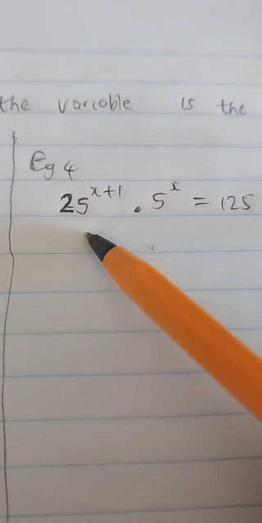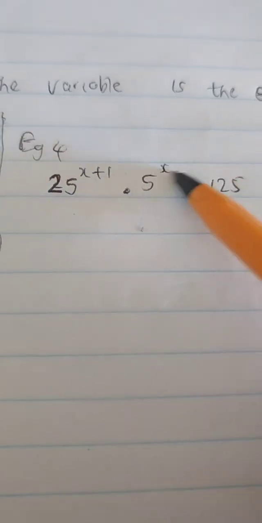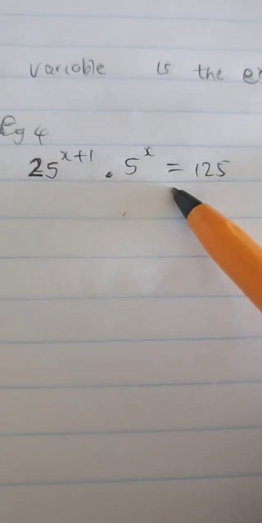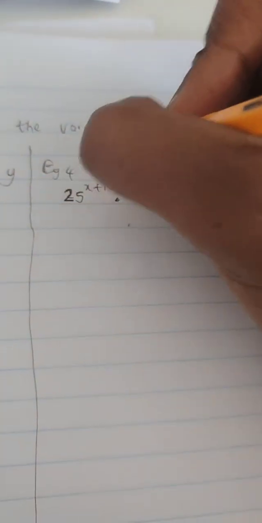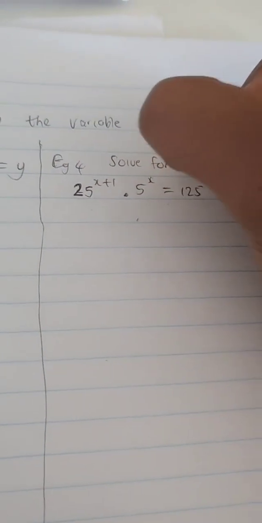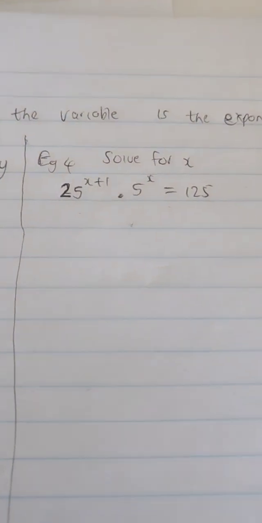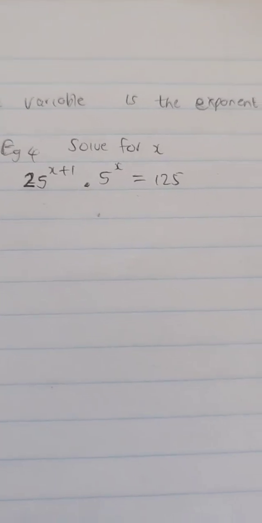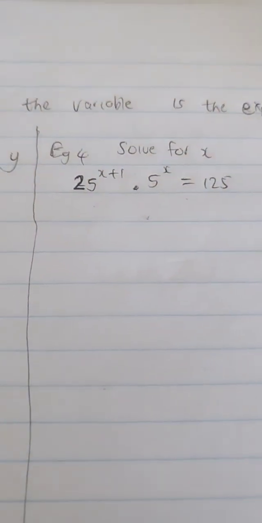This is 25 to the power x plus 1 times 5 to the power x, and we are saying it's equal to 125. So the question is solve for x. 25 to the power x plus 1 times 5 to the power x is equal to 125.